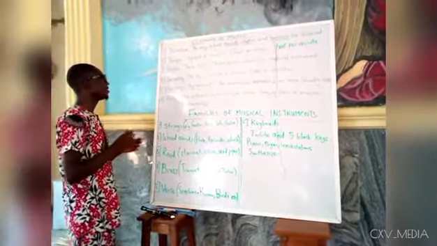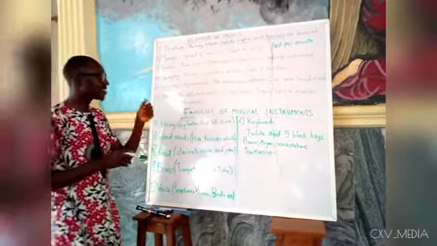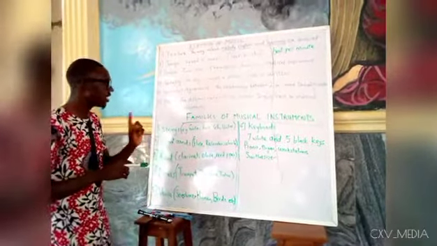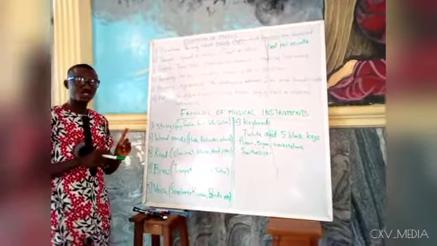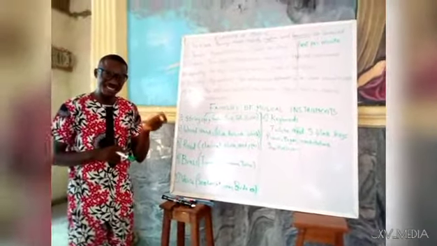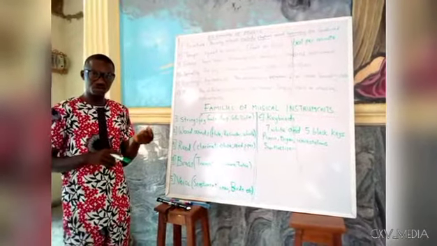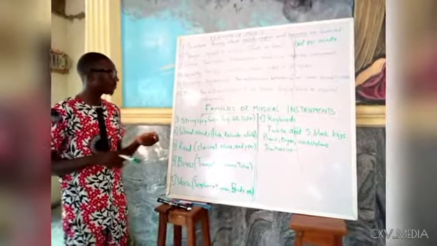Number 9, timbre, which is also known as tone color. This is the characteristic sound of a musical instrument. Each and every musical instrument has a distinctive tone color. They are distinguished, they are unique.